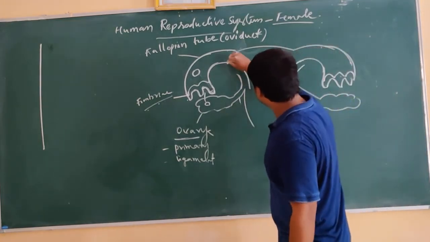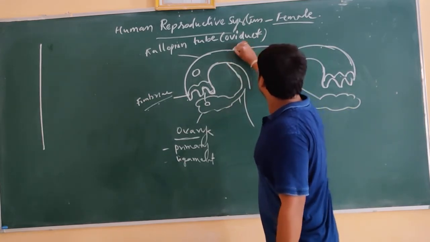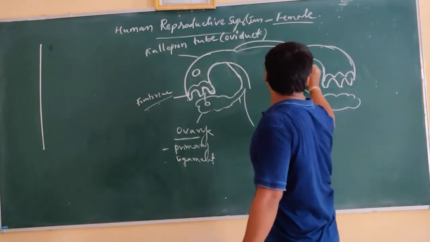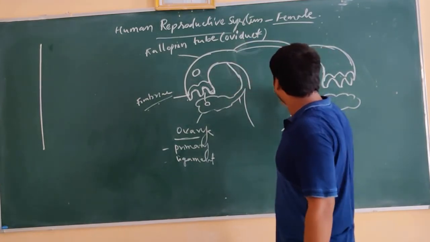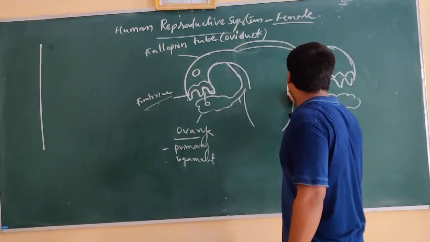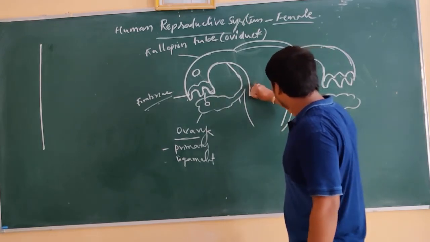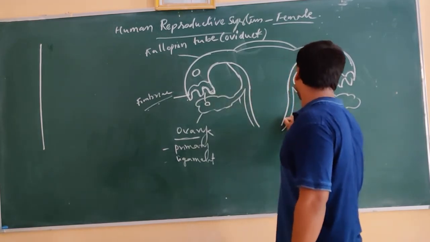And if you observe, this fallopian tube is connected to a small bag-like structure, and it is called a uterus.